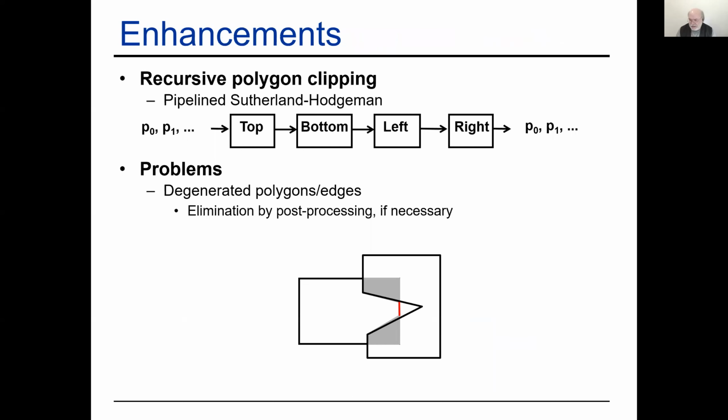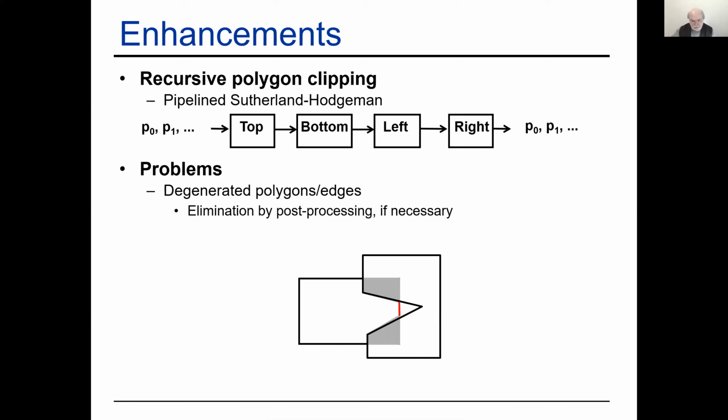And so you can now build hardware that doesn't even need to store the entire polygon, right? All you need to do is define 4 pieces of hardware where each one does what we just looked at. The first piece of hardware clips against the top, the second against the bottom, and so on. And you simply feed it the vertices of the polygon in order.